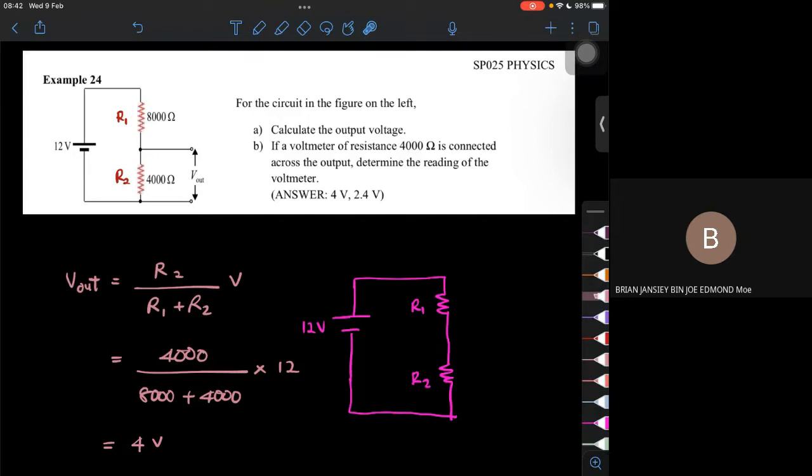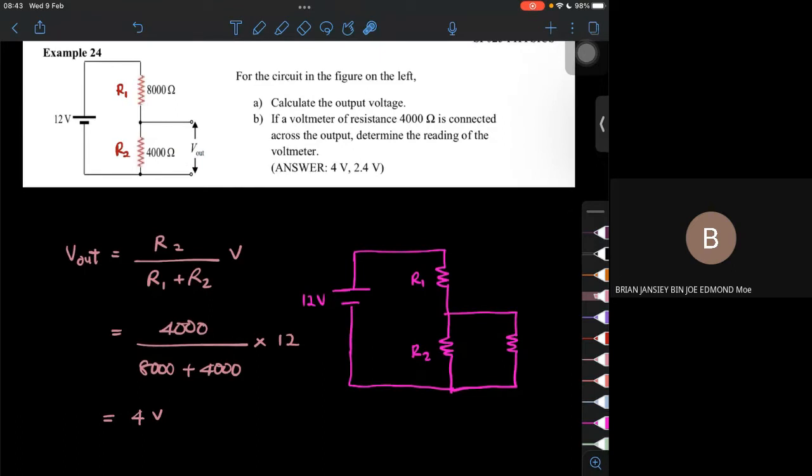So we connect another resistance here. It must be connected across the output because our output is here, so we draw that resistance there. So we label this one as R3. Now we want to find what is the reading of the voltmeter. So basically this is also a voltmeter with a resistance.